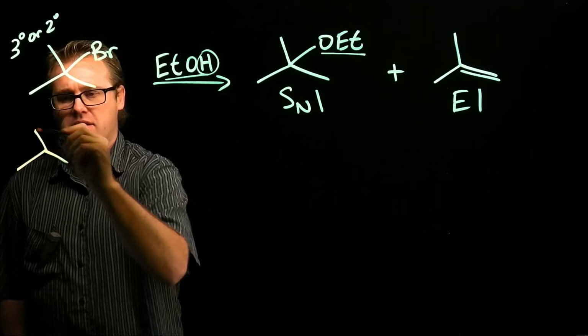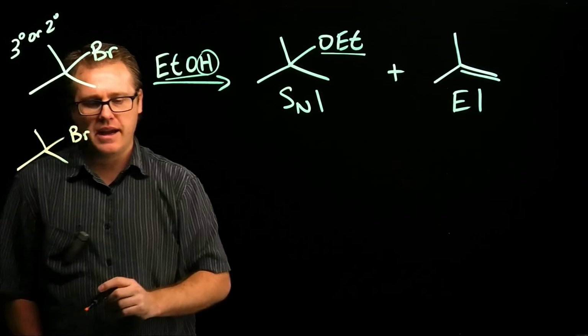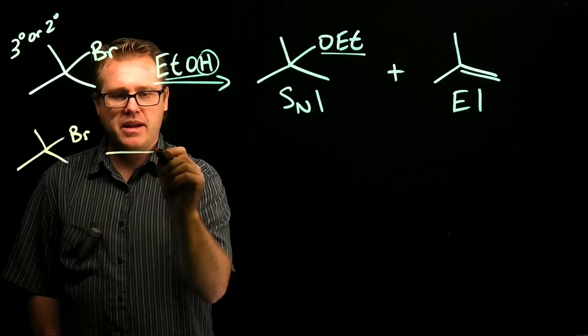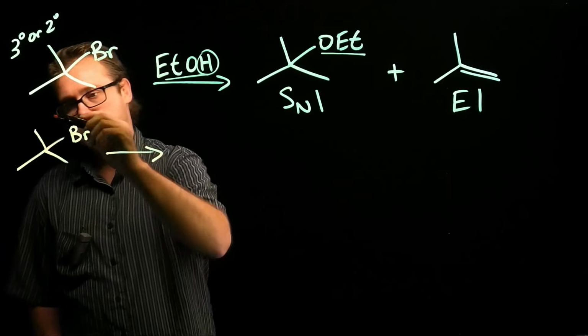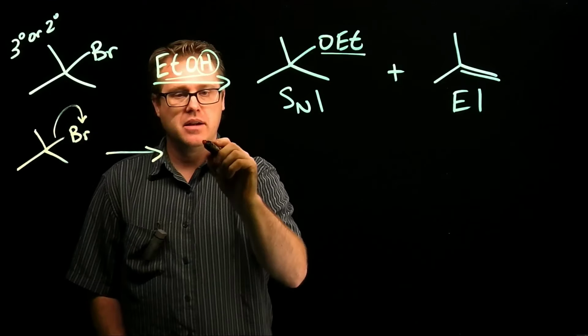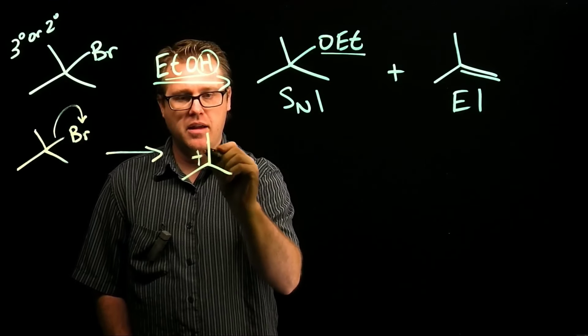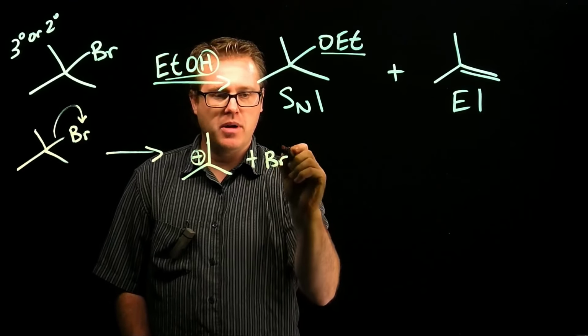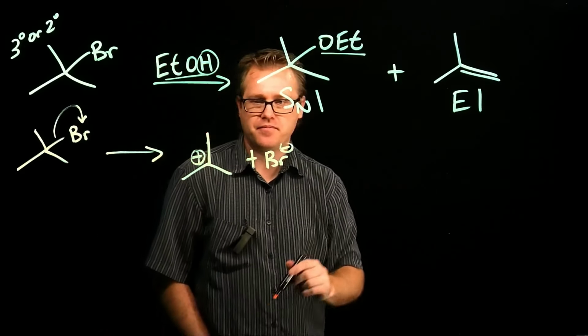So if we have ourselves our alkyl halide like that, the first step in an SN1 mechanism is the heterolysis step, where the alkyl halide leaves. And then we are left with a tertiary carbocation plus our bromide that fell off.